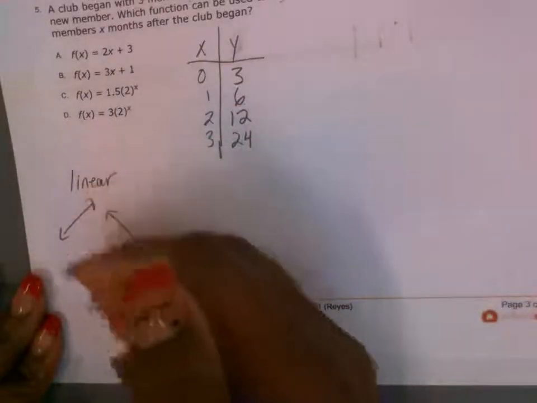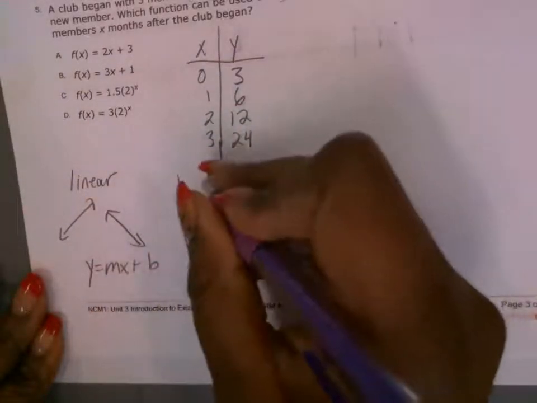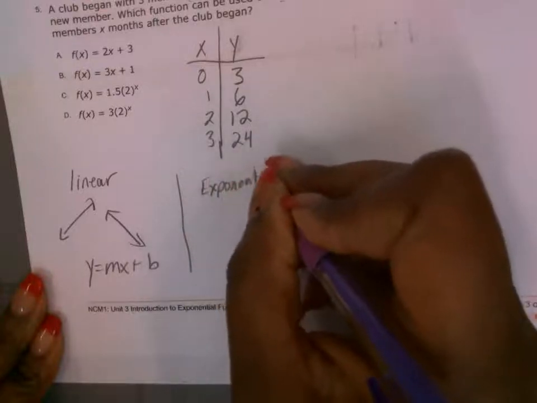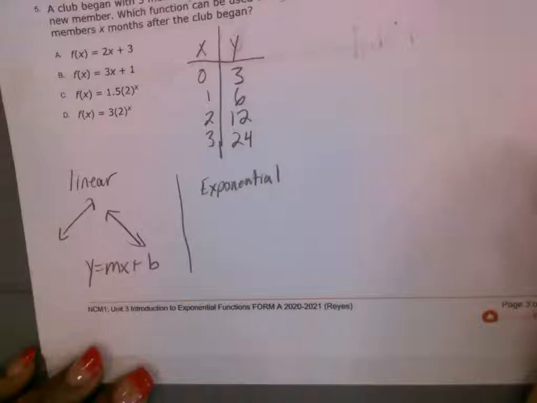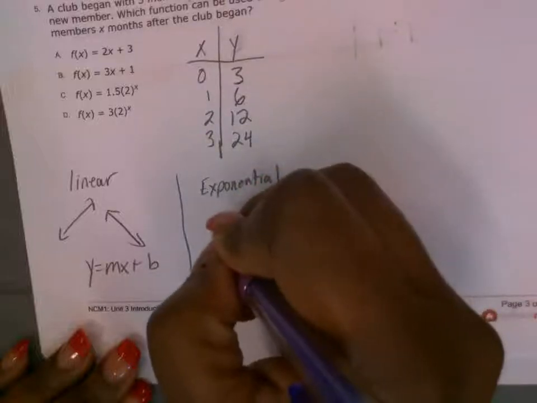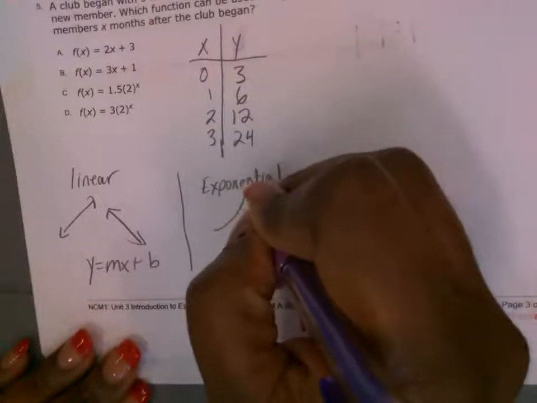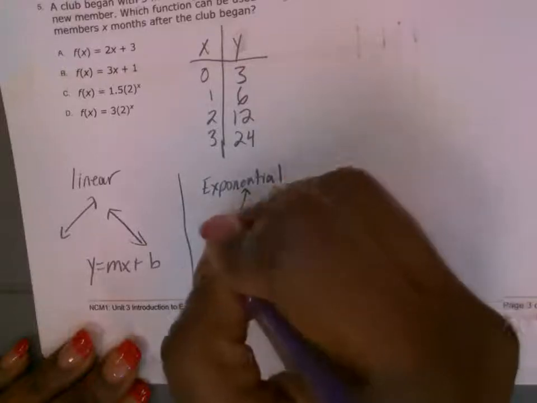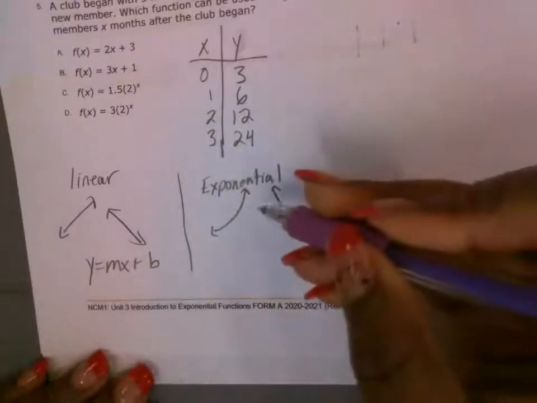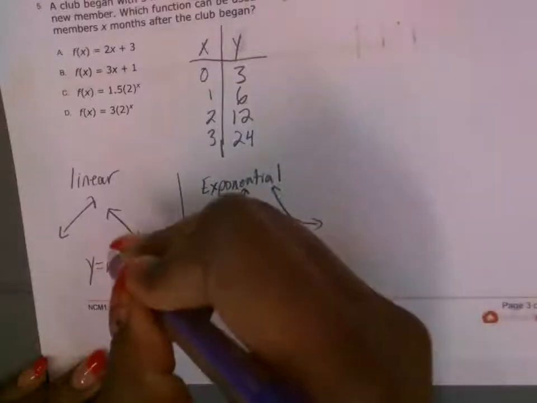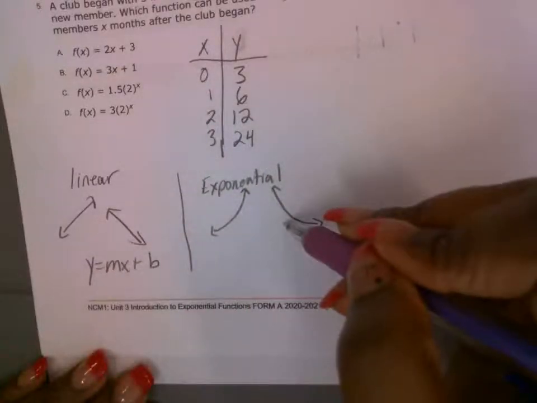It's an arithmetic sequence. Exponential, on the other hand, grows by a percent or it grows by a common ratio. So it's either going to curve upward or curve downward. Okay? This is an arithmetic sequence, and that's a geometric sequence.